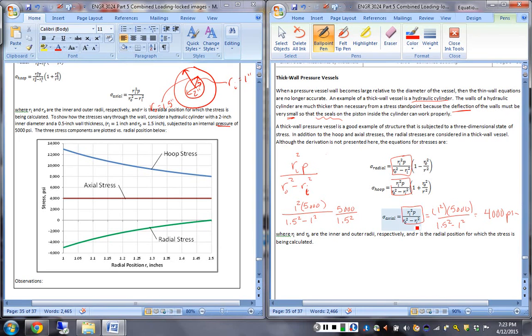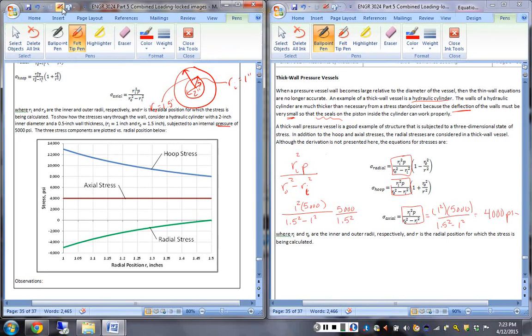From that expression, there is no radial coordinate in the expression, so it is independent. I'll come back over here: this axial stress is independent of radial location. There is no r in the expression.